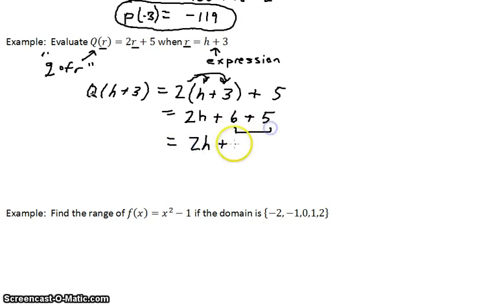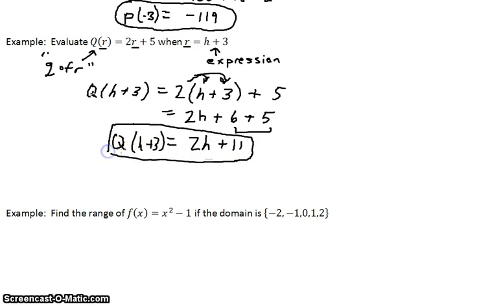These two can combine to be 2h plus 11. My function at h plus 3 is equal to this right here. So we evaluated something. We didn't get a number answer back, but we got a new expression in terms of a different variable.